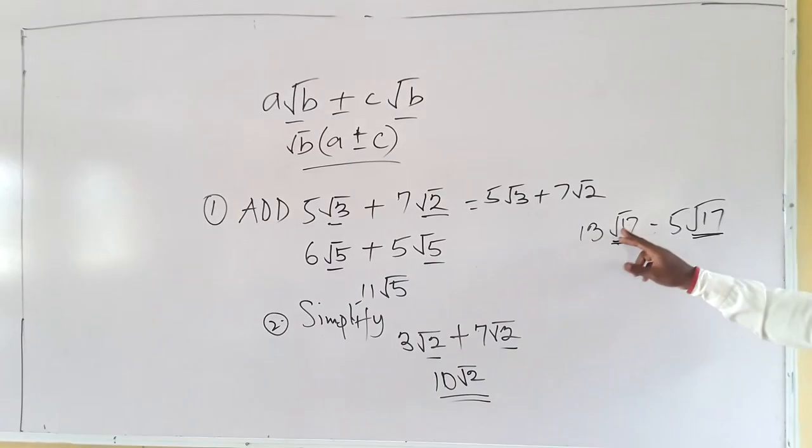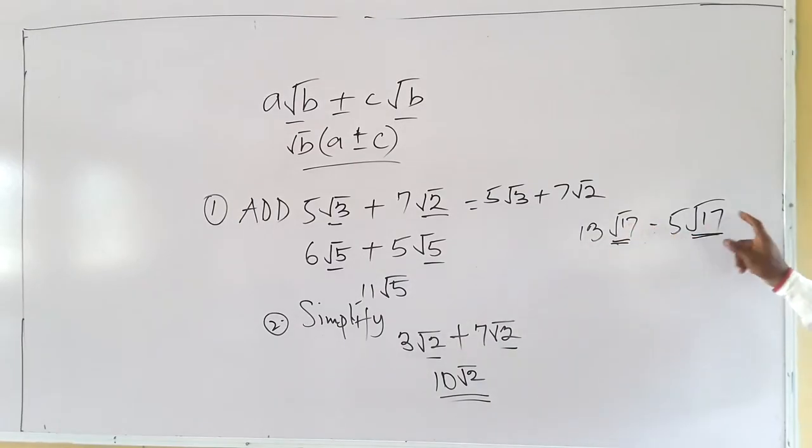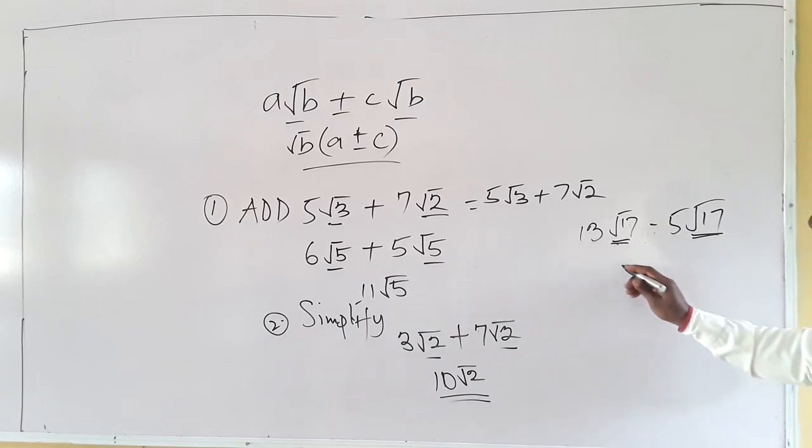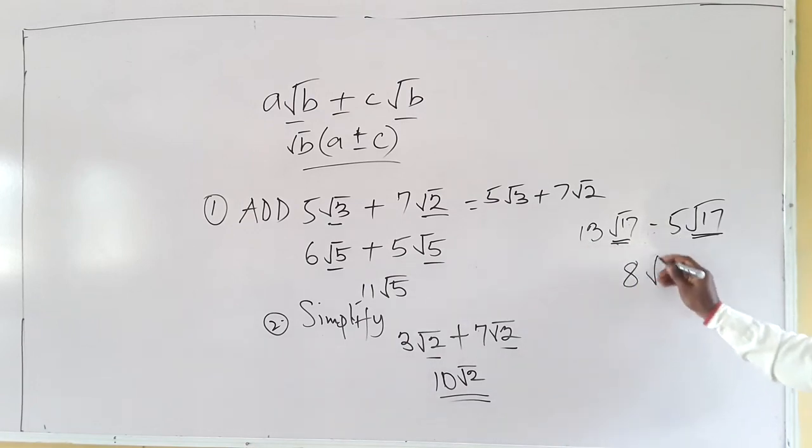So we have 13 root 17 and 5 root 17, and we are asked to subtract. We can easily subtract because they have the same order. 13 minus 5 gives us 8 root 17. So that is how surds are added.